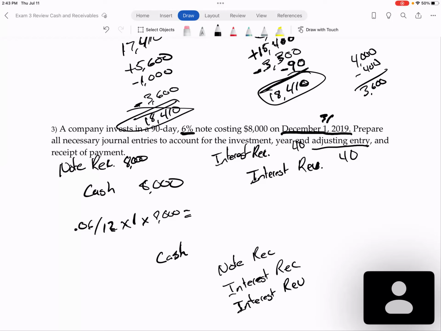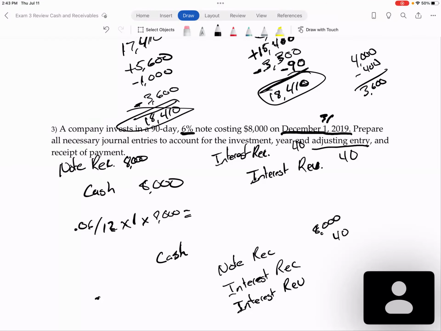Now we just need to calculate the amount. Let's do the easy parts first. Okay, so 8,000. That's how much we invested. So now it's no longer going to be a receivable. Interest receivable was 40. Interest revenue, we need to do the calculation.